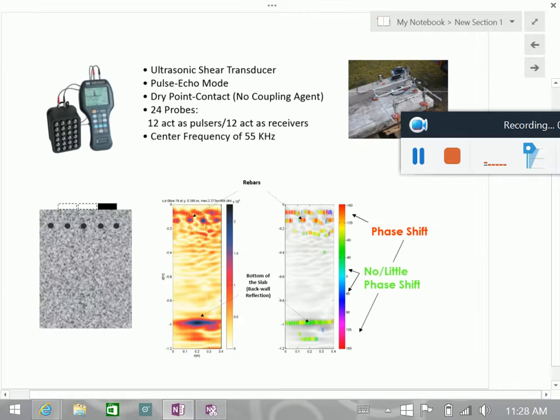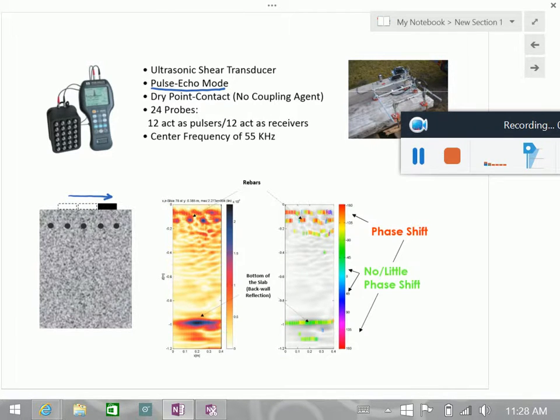So this you have seen also before. How it works is you move, and in this case it's a pulse echo method. Pulse echo is when you send in the energy and you're receiving on the same side. What was the test you did in the lab?